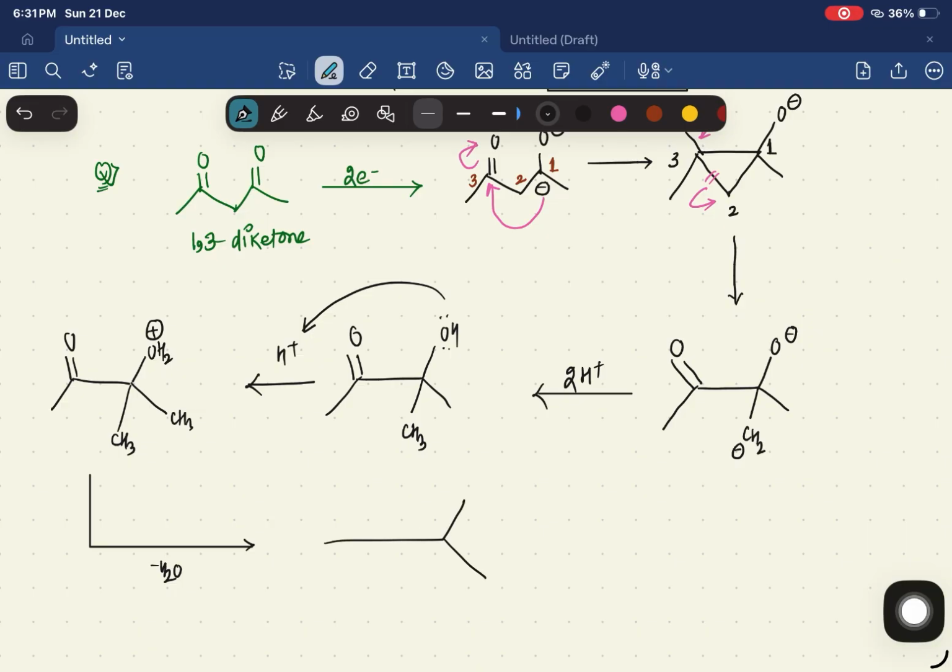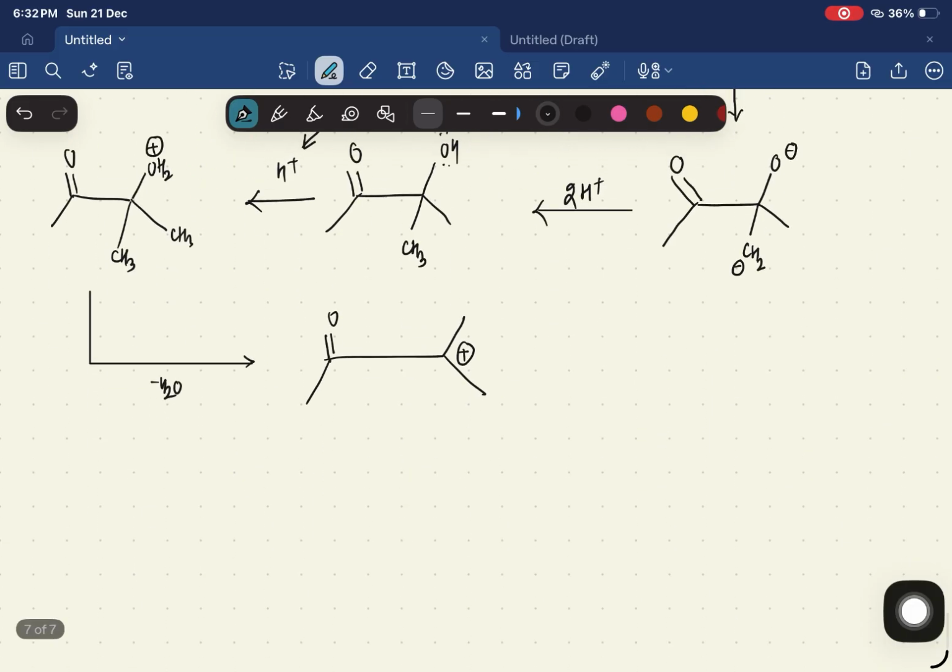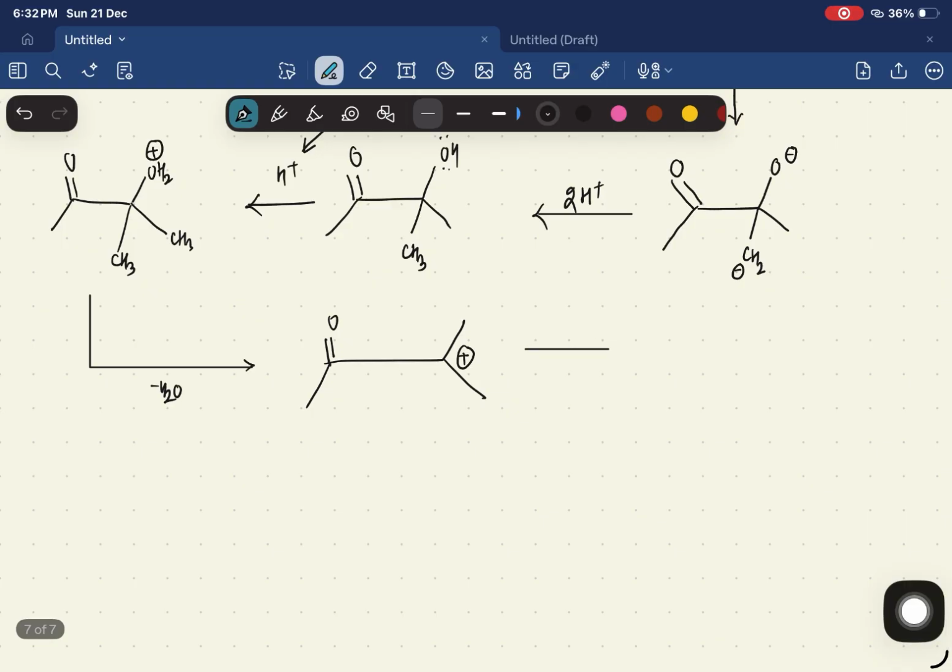So here two methyl groups are there, here is the carbocation, and here double bond O, and another methyl group is there, right? Now after adding 2 electrons, the carbocation will be neutralized like this, and here double bond O is there.